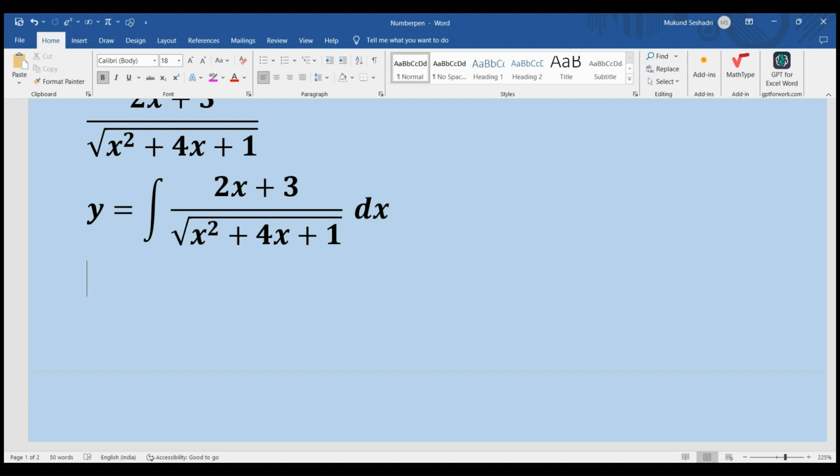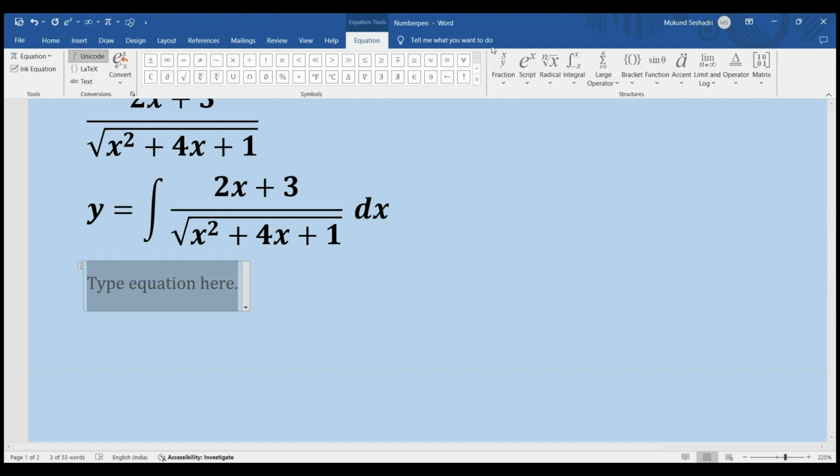My d by dx of the quadratic expression in the denominator in this particular case is d by dx of x squared plus 4x plus 1, right? Now what is that? That's a 2x plus 4. But then I have a 2x plus 3, right? So how do I bring about the connect between the two? That's what we will look at in the next step.